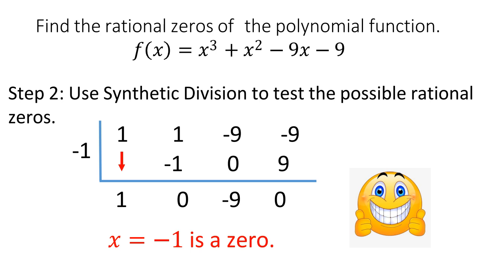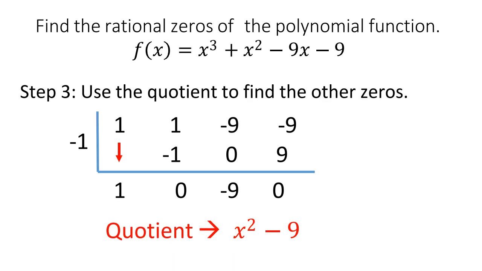So now I can do the same thing like that previous example. I have one of the zeros, I have 2 more to solve. So what I'm going to use is my quotient from this division to find the other remaining zeros. Because now I'm dealing with a quadratic. Again, I started with a cubic function, and division gives me 1 degree less. So now this 1 is associated with 1 times x squared. I don't have an x term, but -9 is my constant term.